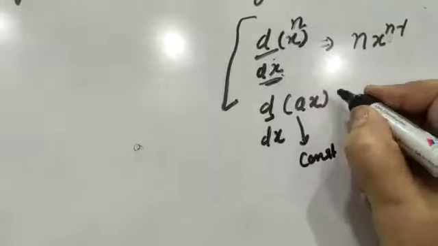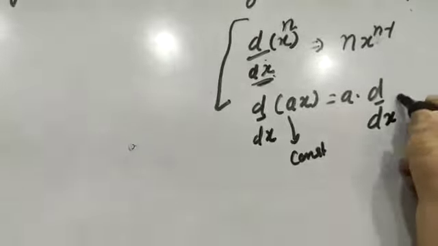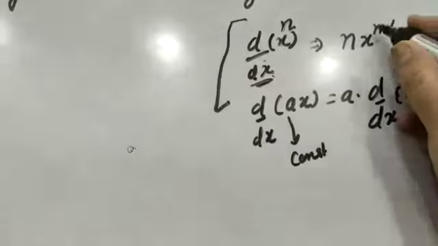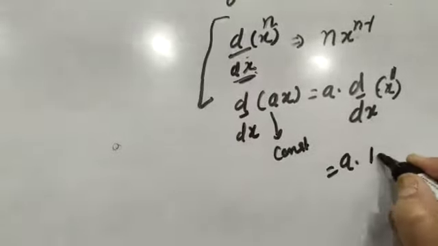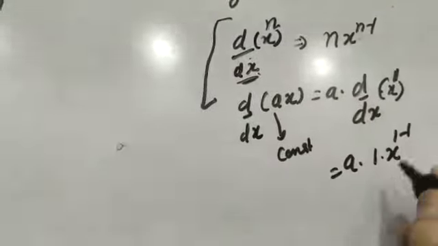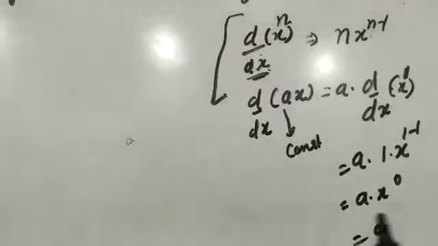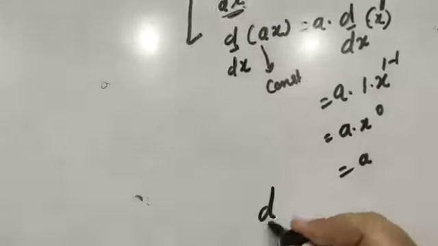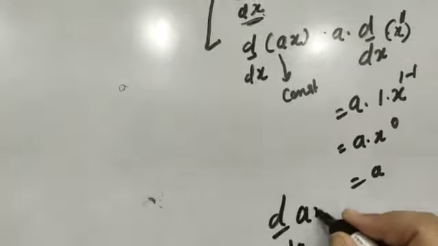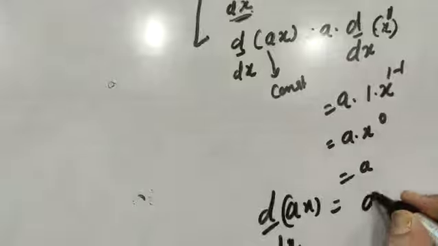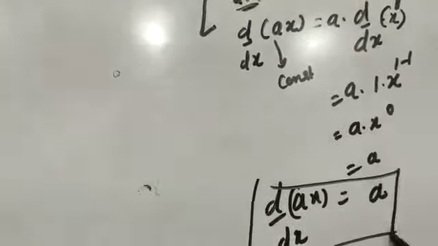In that case, the constant is taken out and we get d by dx of x. If we use the formula x to power n, that would be a times 1 x to power 1 minus 1, so a x to power 0, or a. So it means when we are having quantities like this, d by dx of ax, the derivation will be a only, right? Means that constant value only.